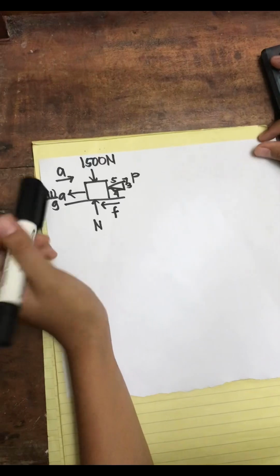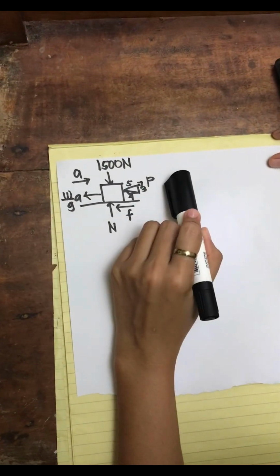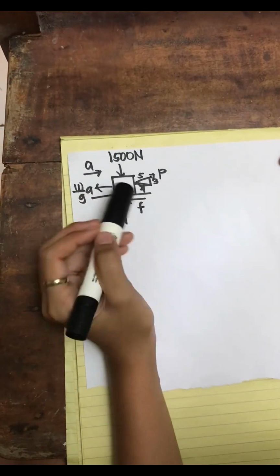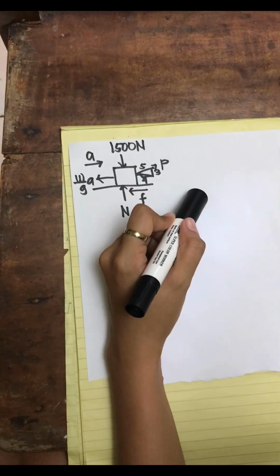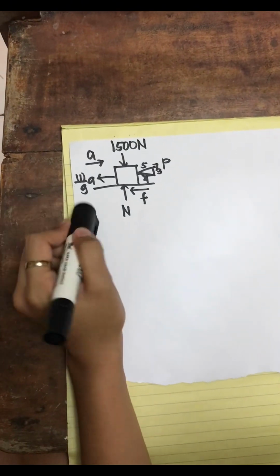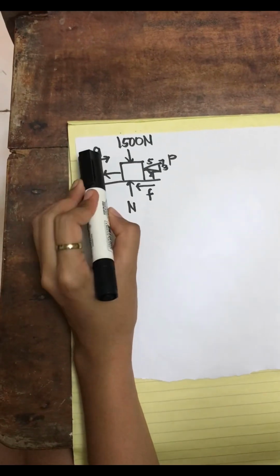A block has a weight of 1,500 Newton and a force P that is inclined and has components 3, 4, 5. Then the acceleration is going to the right so that the REF is going to the left because it is opposite. It is always opposite to a motion, that is acceleration.